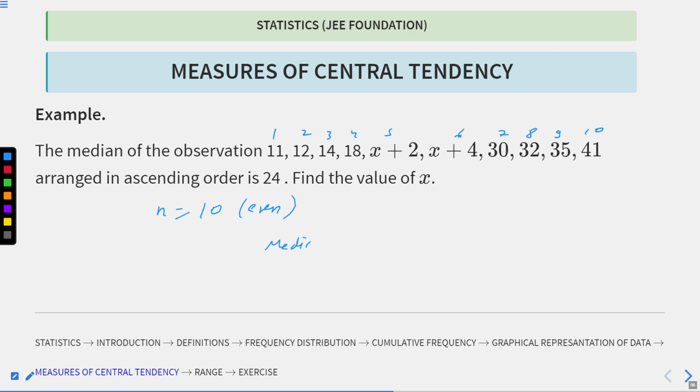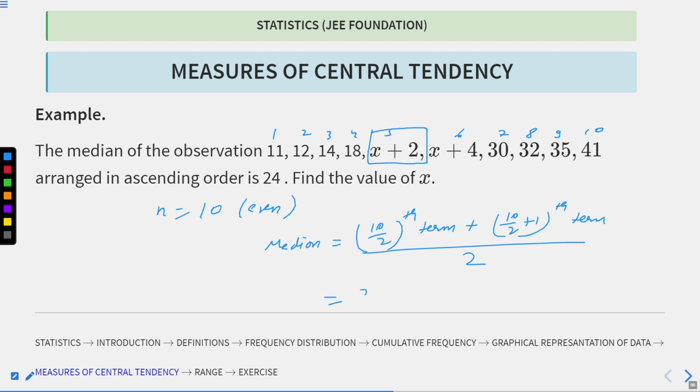In the case of even, the median is the 10 by 2 th term plus the 10 by 2 plus 1 th term, divided by 2, which is the fifth term, x plus 2, plus the sixth term, divided by 2.